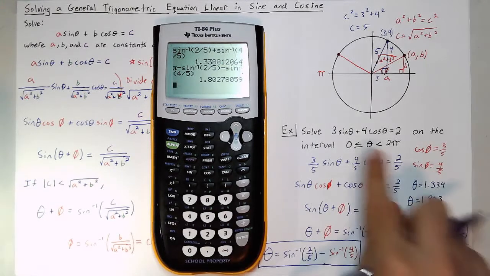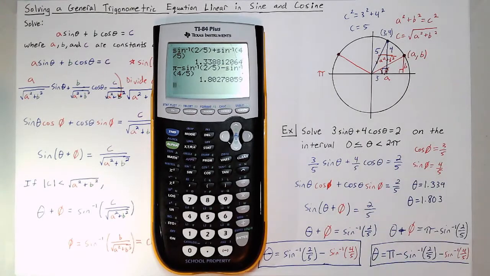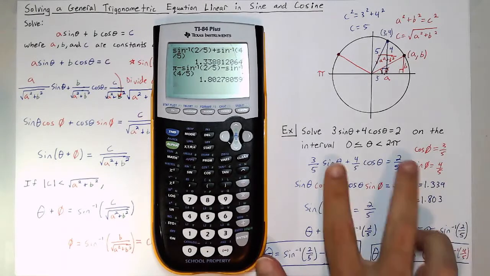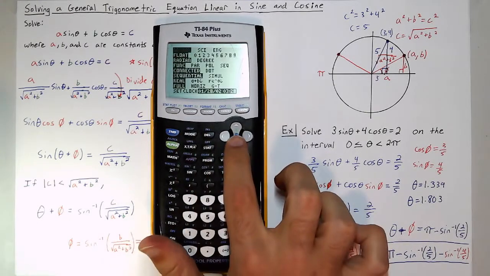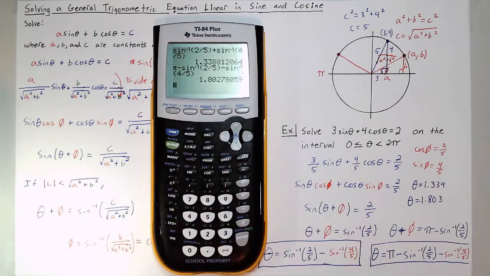Both of these are on that particular interval. So now that I know that they both are on the interval, here are my two particular answers that include that little phase shift I had to deal with as well. And just to double check my mode, I am in radian mode, just to make sure. And that is how you solve a general trigonometric equation linear in sine and cosine.